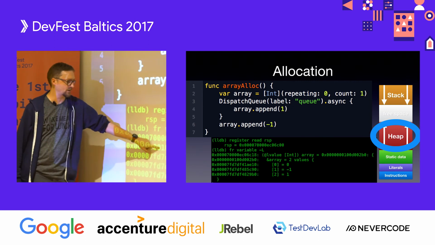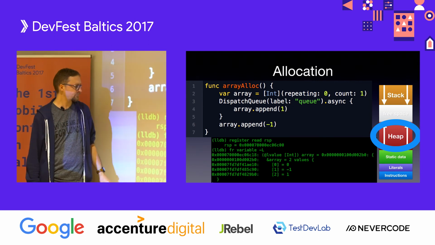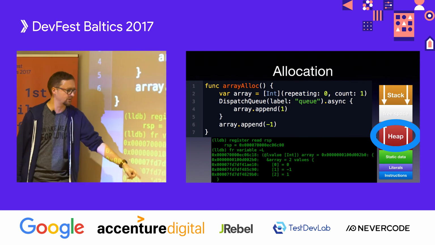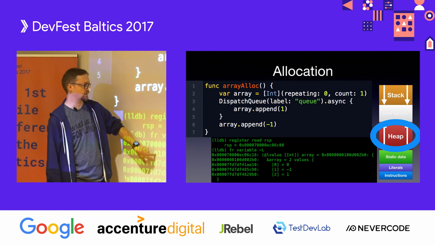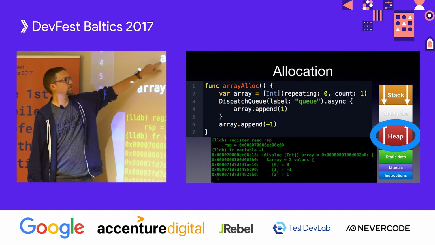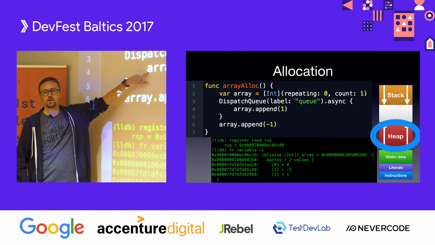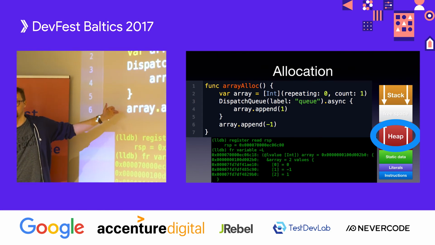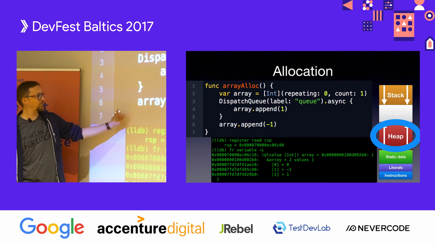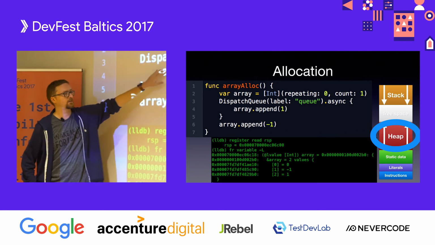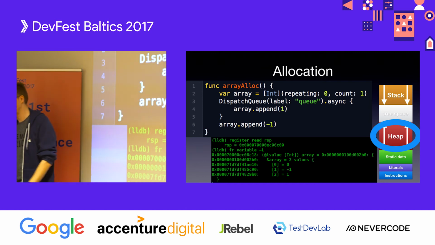You can see this value is significantly different, so it comes from the bottom somewhere. It has to be the heap. Why? Because the array will live way longer than this function lives, so it cannot stay on the stack. The function will be gone, and the value will stay. So it's on the heap.